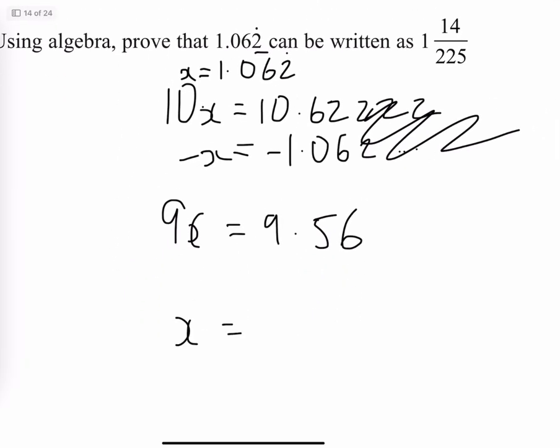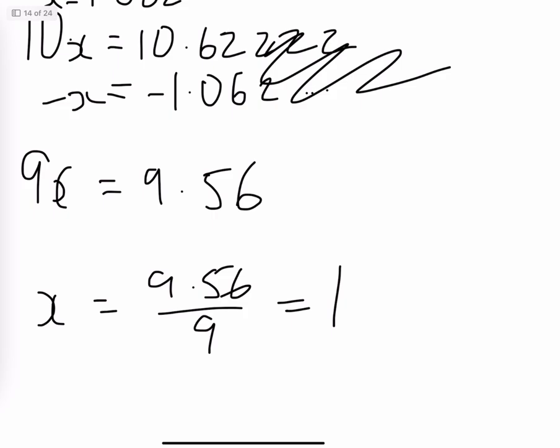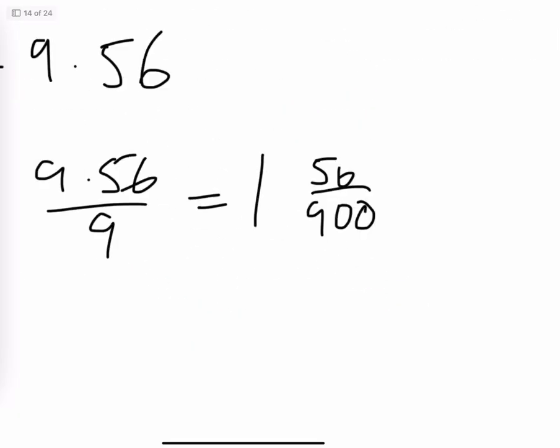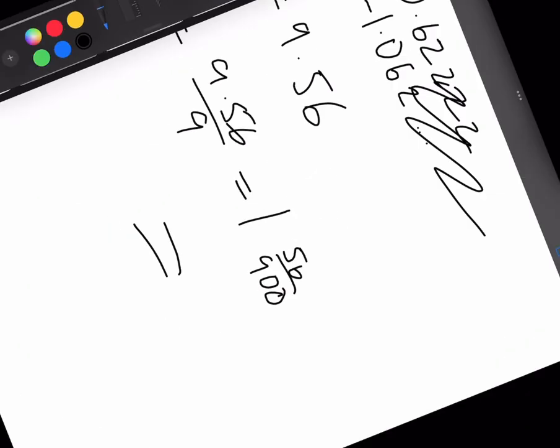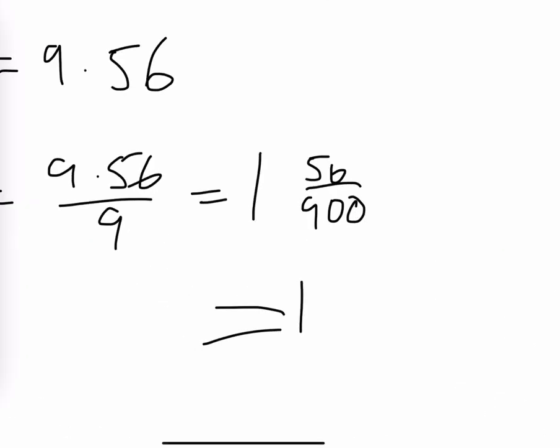So then we get x equals 9.56 over 9 equals 1 over, what, 56 over 900, if you will. And we're going to put that into normal form. And we get 14 over 225 as required. So let's write that down so we get the marks.